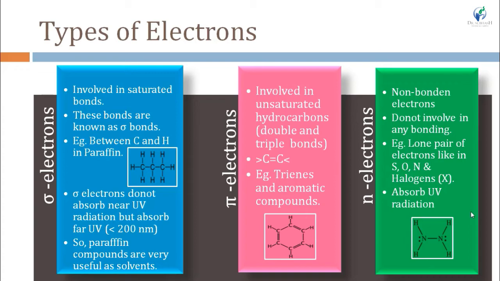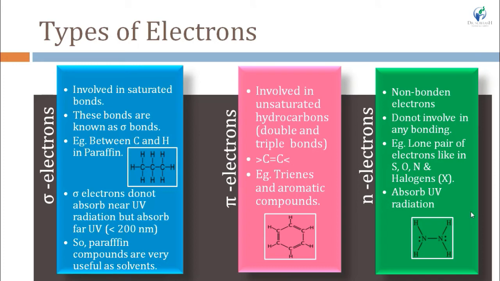We have seen that near UV radiation means 200 to 400 nanometer and far UV radiation means below 200 nanometer. So paraffin compounds, meaning alkanes, are very useful as solvents in UV absorption spectroscopy because they do not show any absorption or peaks in the 200 to 400 nanometer region. So they do not interfere with the peaks of our compounds, so they are used as solvents.